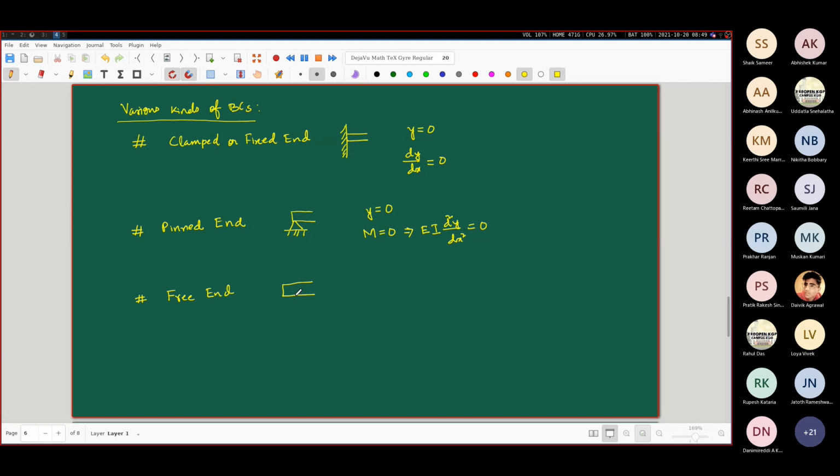Definitely you can try to understand physically that if this end is free, then there is no constraint on the deflection. Deflection can be anything. In general it is not going to be equal to 0. So we cannot say anything definitely about the deflection. Similarly, we cannot say anything about the slope also.